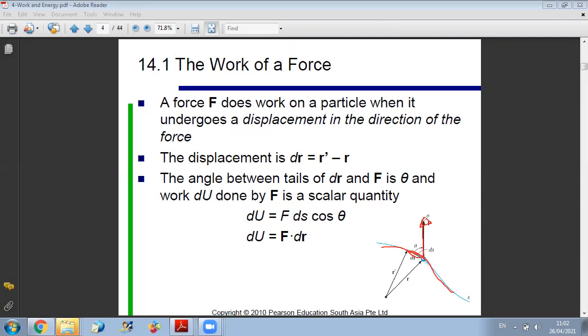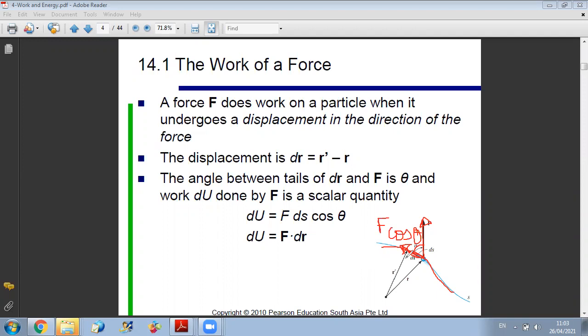So for example, here, knowing that the angle between the displacement and force is theta, if you project the force on the tangent direction, then you have that the projection will be F cosine theta. And then you can say that the elementary work of F is F cosine theta times the displacement ds.